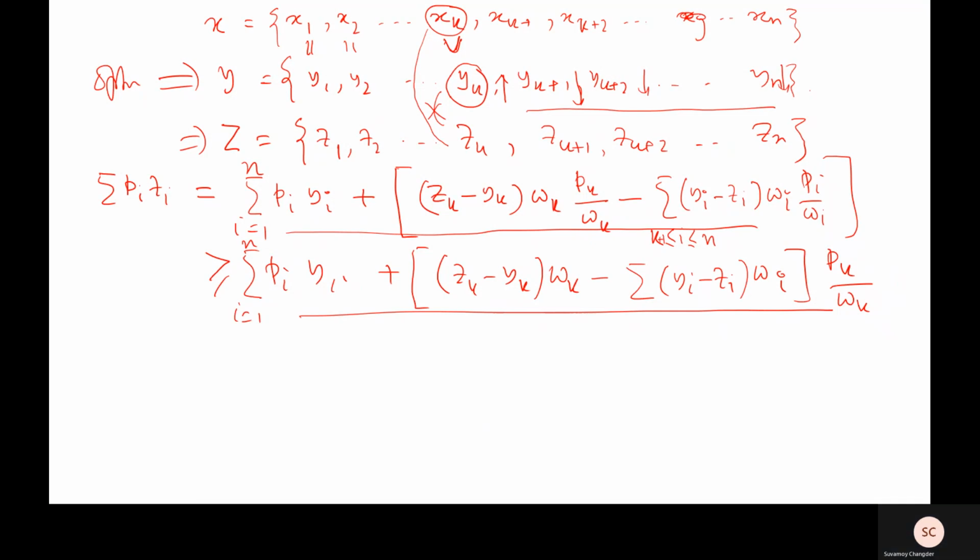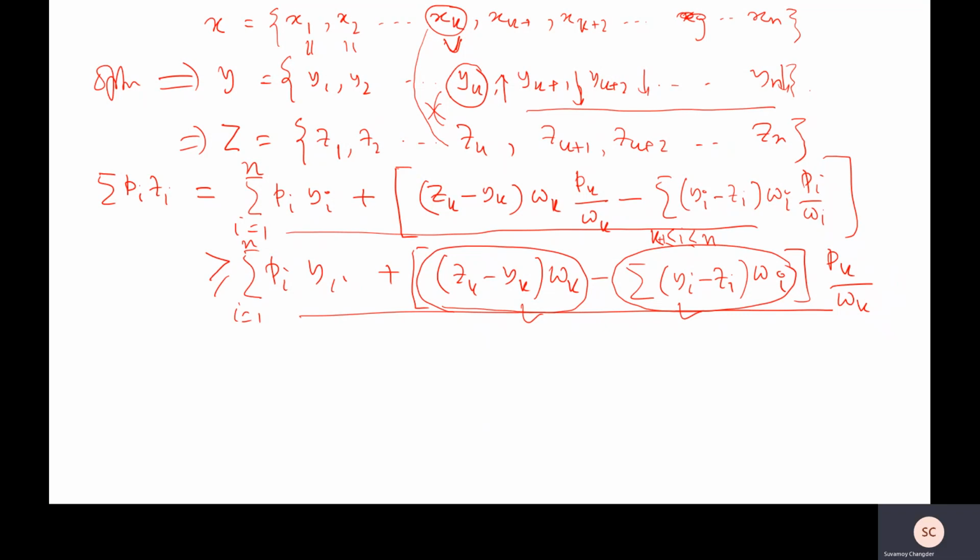Okay. Now, what is this? We have increased yk to xk, right? We have increased this much of value, and we have decreased the same value such that the capacity of the knapsack remains the same. So the difference between these two is equal to 0.